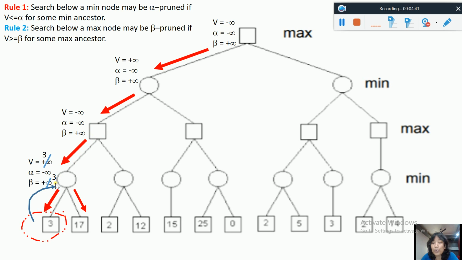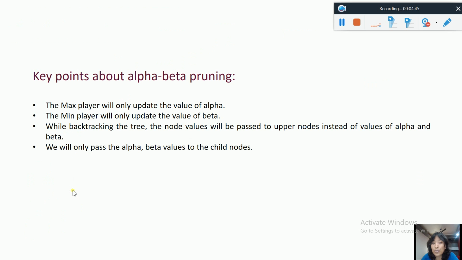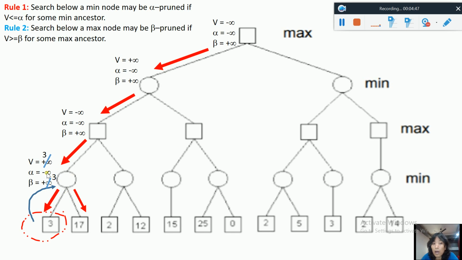Again we will go to the left-hand side child. Again we initialize its values as V plus infinity, alpha minus infinity, and beta plus infinity. So we go to the static evaluation function. We hit a static evaluation function value, and this value backtracks to this node.